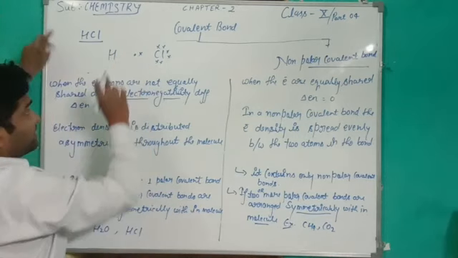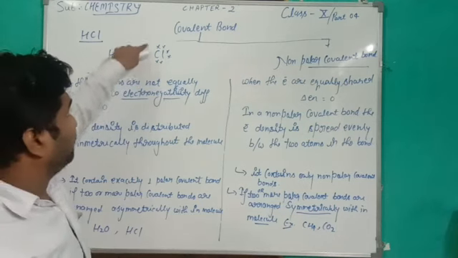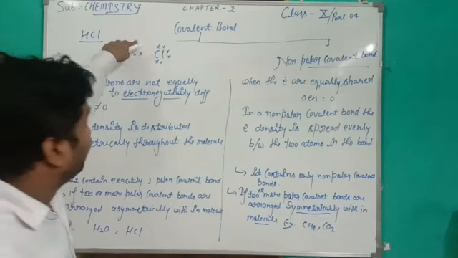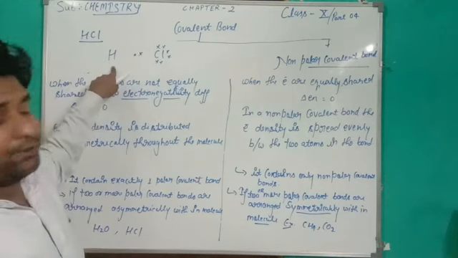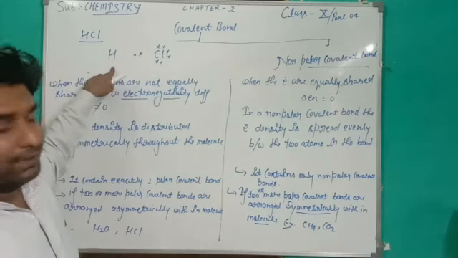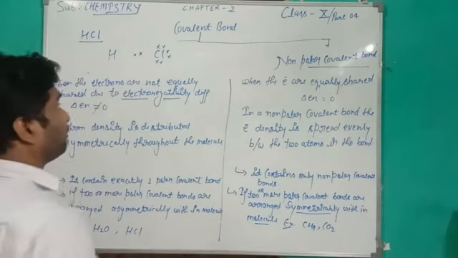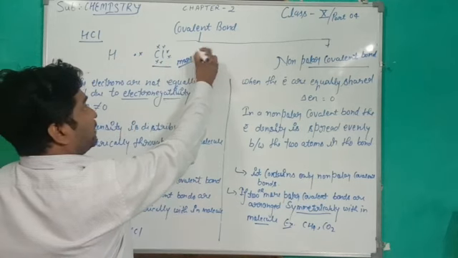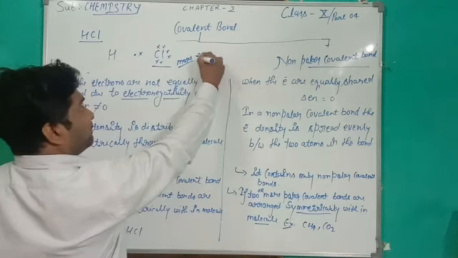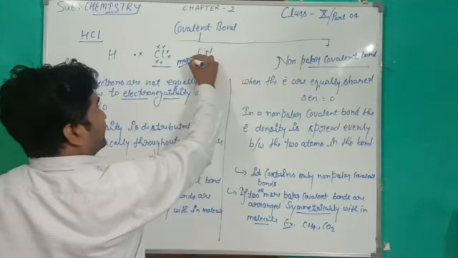Because both atoms share the electrons, the bonded or shared electrons may be present in between the hydrogen and chlorine, but that does not happen in this molecule because chlorine has more electronegativity power. What is the meaning of EN? EN means electronegativity.